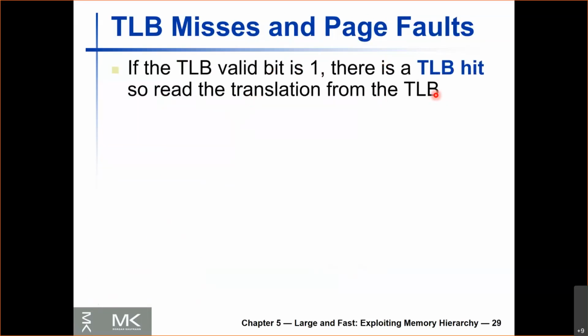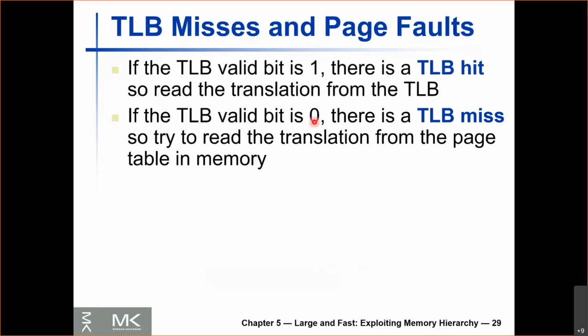If the TLB valid bit is set to 0, that means we have a TLB miss, which means the page table entry is not in the TLB. It doesn't mean that the page is not in memory. In this case, we try to read the address translation from the page table in memory.